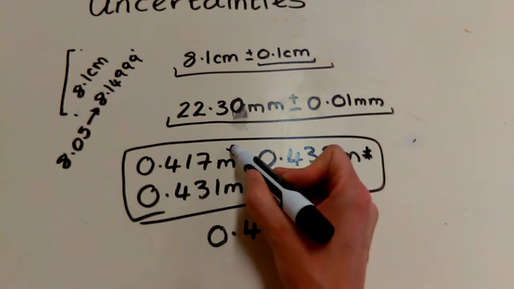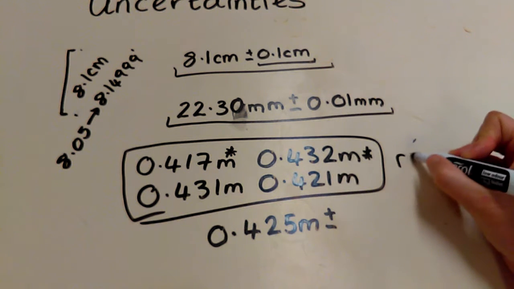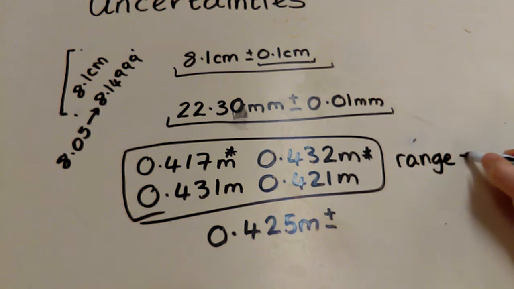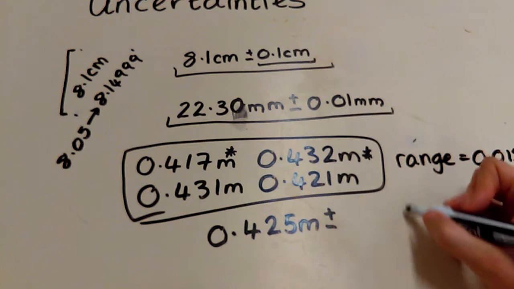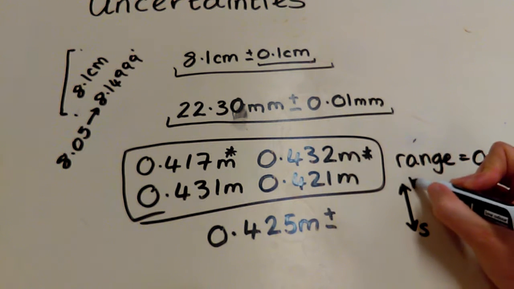My smallest number is 0.417. So if I do 0.432 take away 0.417, I've got a range of 0.015. That's from the smallest result all the way up to the biggest result.